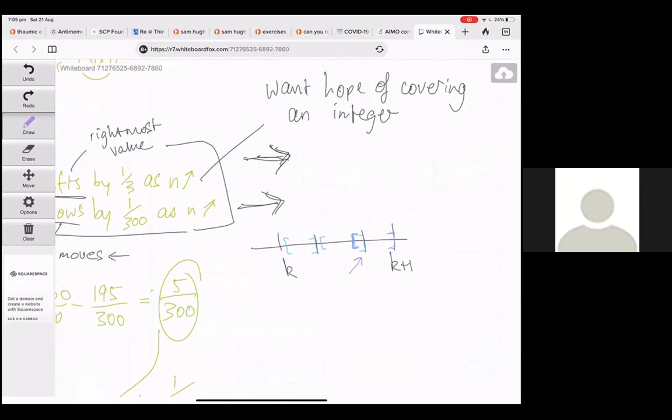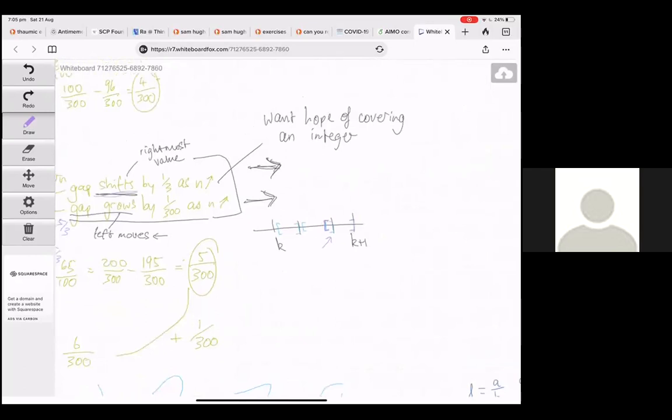And whether it's an integer or not will depend on where the gap shifts. So how do I convert that into maths? How do I convert the fact that the gap needs to grow big enough? Well, that means I need my gap to be greater than size 1/3.